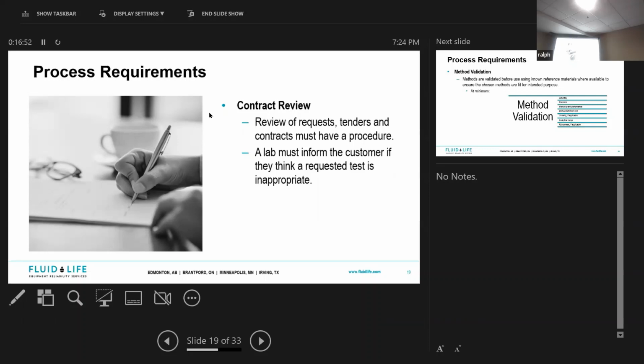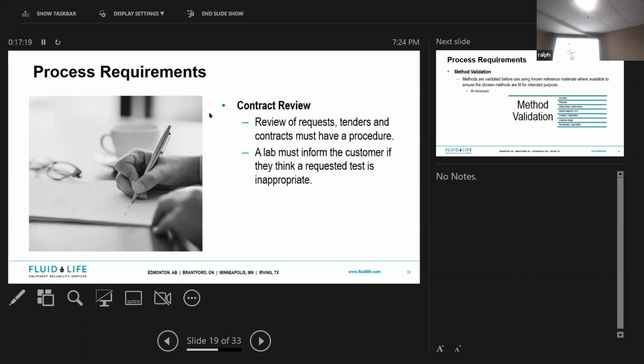If you're signing a large contract, the lab basically has the last say, so to speak, on whether we can do that testing. It could be that we just don't have the equipment, but the customer wants us to do this test. Well, okay, but it's going to take us a year to get this up and running because we have to buy the equipment, validate everything, and make sure everything is accurate, and then maybe we can provide you with that test.